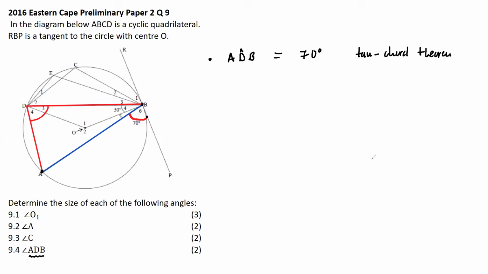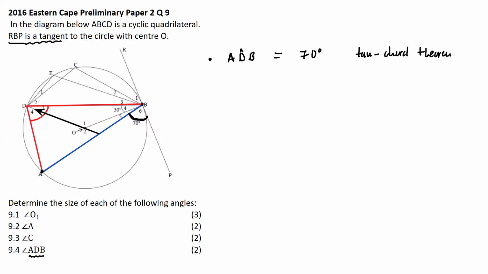The Tangent-chord theorem, which is one of the most important theorems, says that if there's an angle drawn from the tangent, RPB is a tangent, they told me, drawn from the tangent, and it touches the chord. Which chord does it touch? AB. The question to ask is, AB, who do you subtend at the circumference?